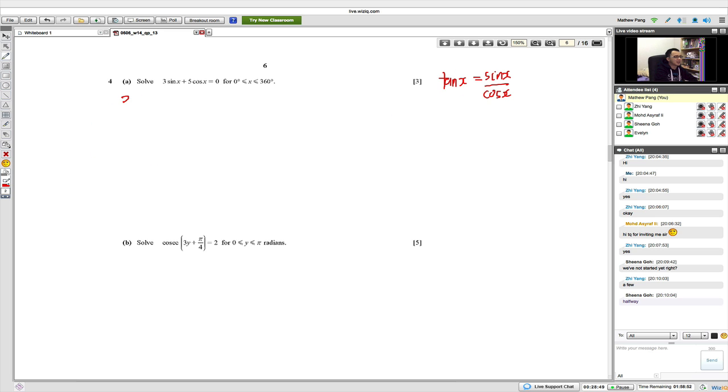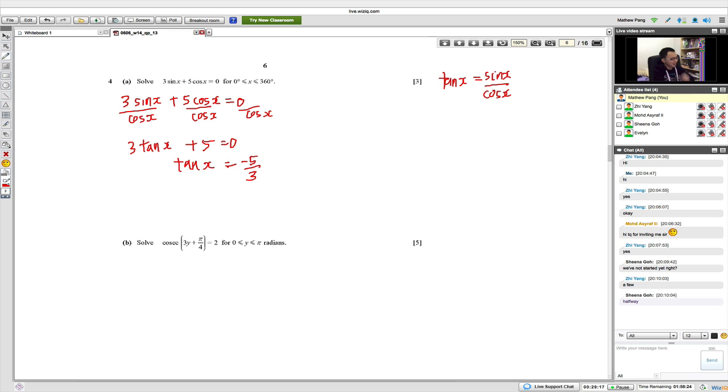So I will copy down this one: 3 sine x plus 5 cos x equals 0. In order to get tangent x, I will divide cos x for every single term. So I will have 3 sine x over cos x, which is tangent x, plus 5 equals 0. So therefore I know my tangent x is -5 over 3.